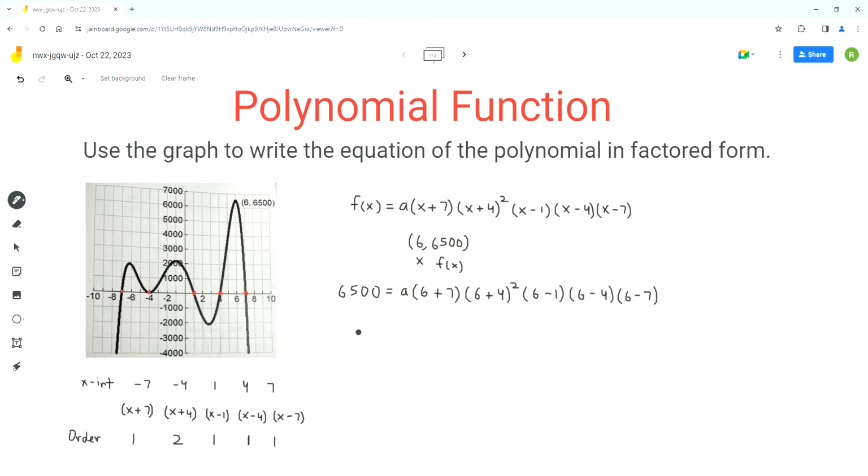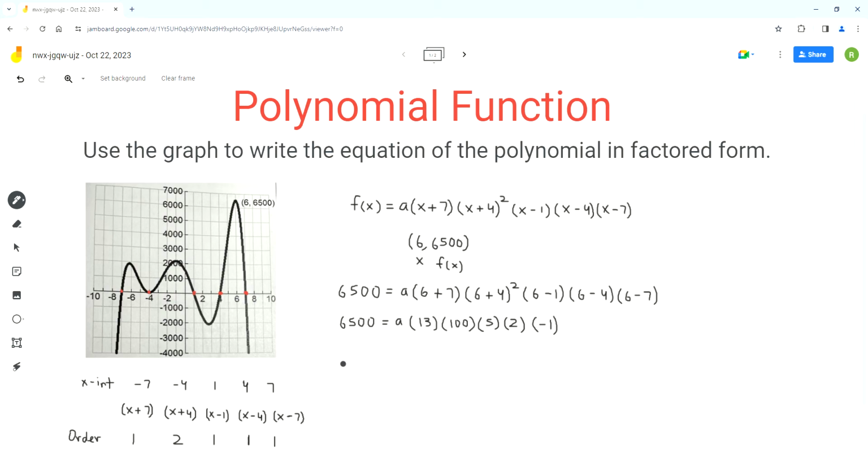Now we can evaluate the terms in these parentheses. So the left side stays the same. So 6 plus 7 is equal to 13. 6 plus 4 is 10 and 10 squared is 100. And then 6 minus 1 is 5. 6 minus 4 is 2. And then 6 minus 7 is negative 1.